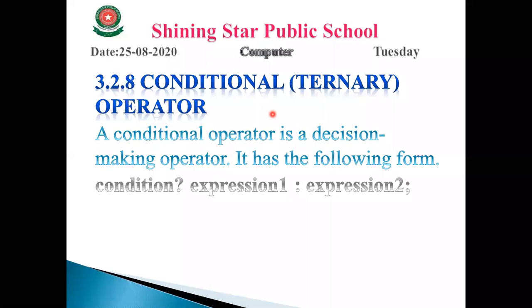So now the condition is marks. If marks are greater than 33, you have to write pass on their result card. And if their marks are less than 33, you have to write fail on their result card. So this is called the conditional operator.